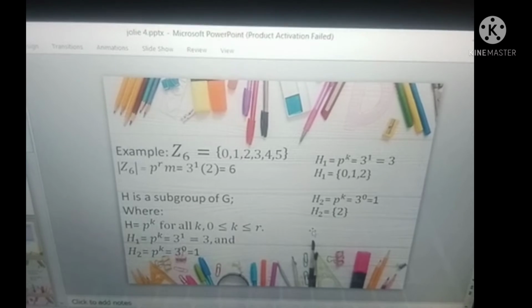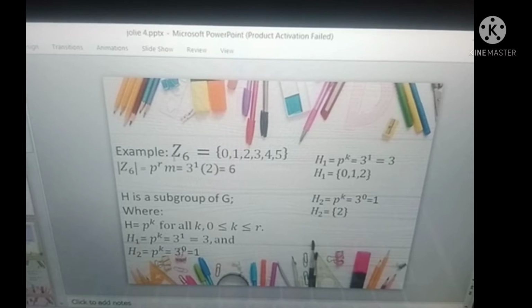So now we are in the example for theorem 7.3.1. The theorem says that the order of the finite group G is P to the power of R times M. So I give an example.